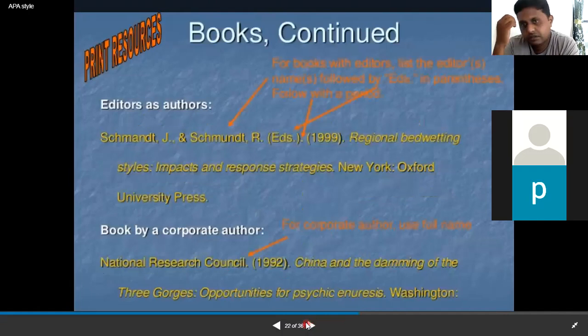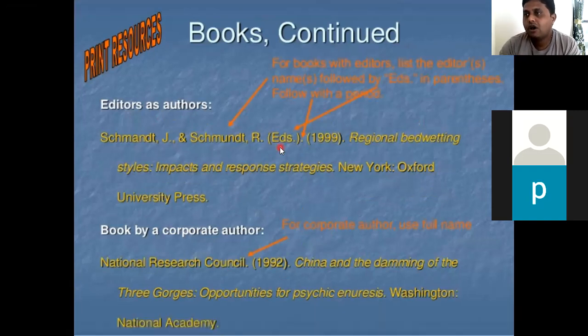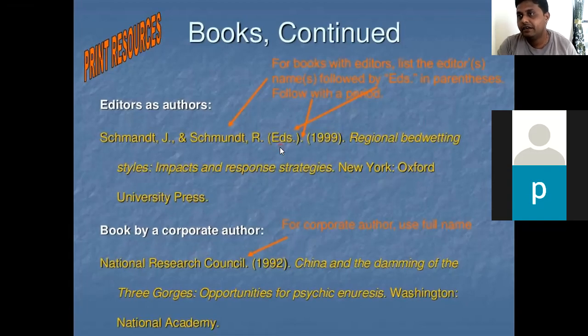See, books. In the case of editors, some books are edited. What does an editor do? An editor receives the articles or chapters from other authors, combines the selected articles or chapters in a book, and publishes it.